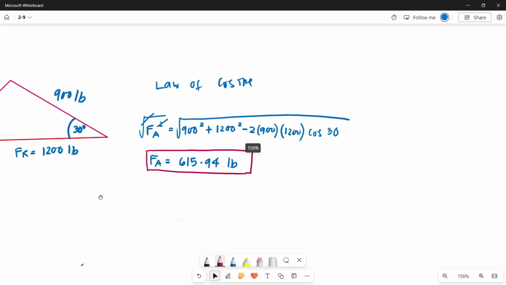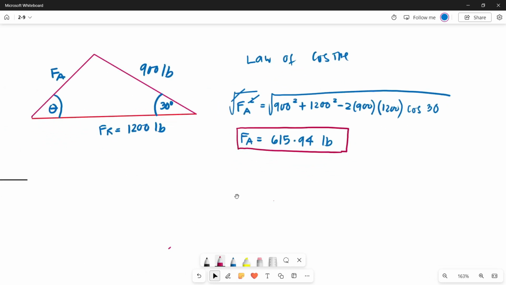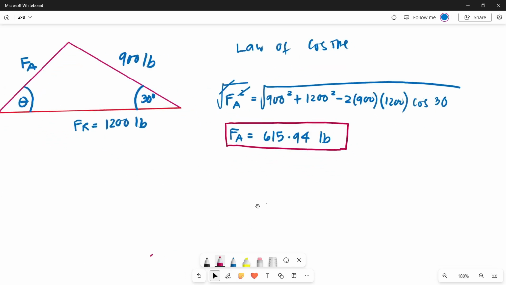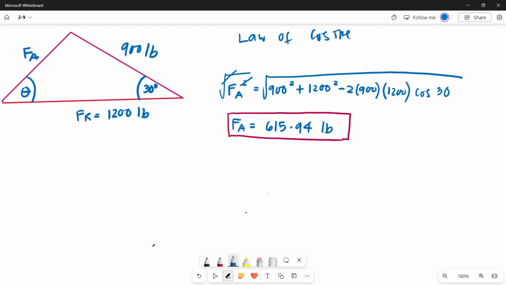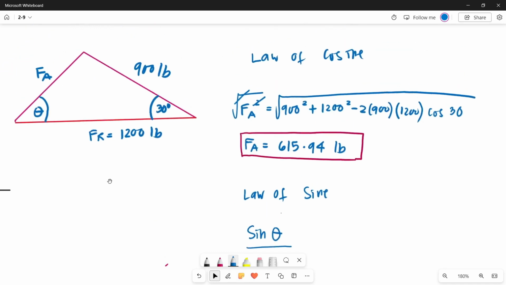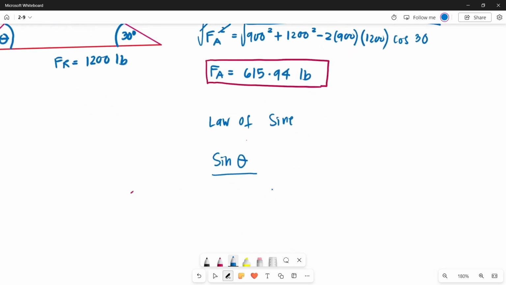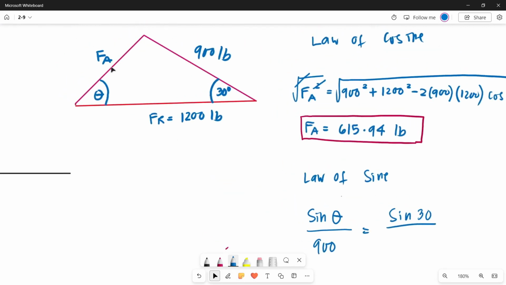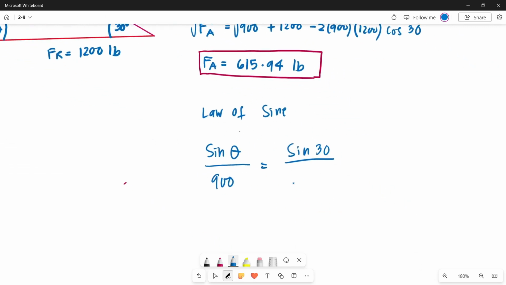Now guys, let's determine the value of our theta. Since we already have many values of our triangle, now we can use the law of sine. So in finding our theta, we will now be using the law of sine. So sine theta over its opposite side, that is 900 pounds, is equal to sine 30, and its opposite side is the magnitude of our force A, and that is 615.94 pounds.